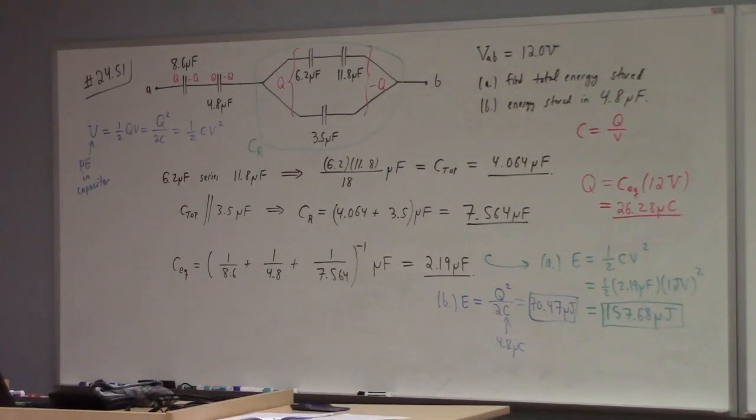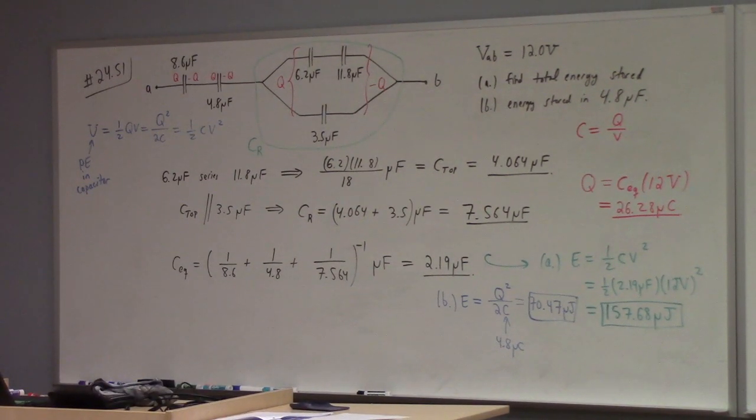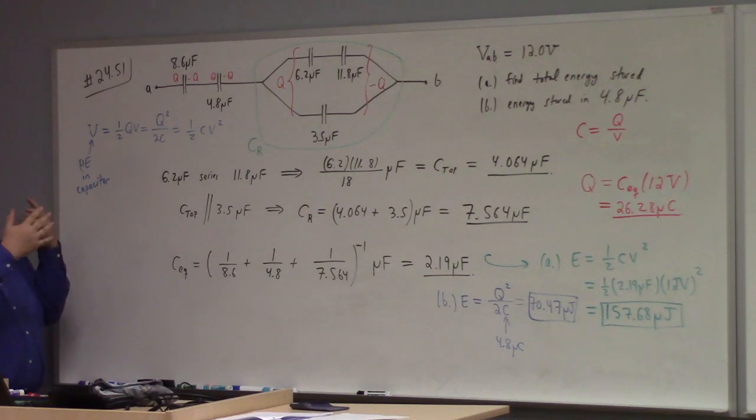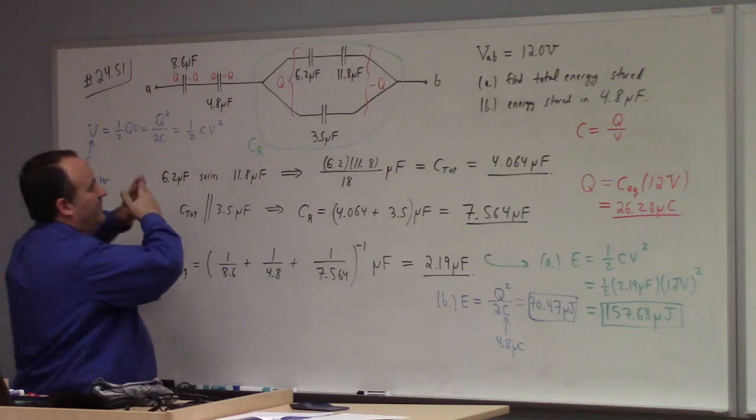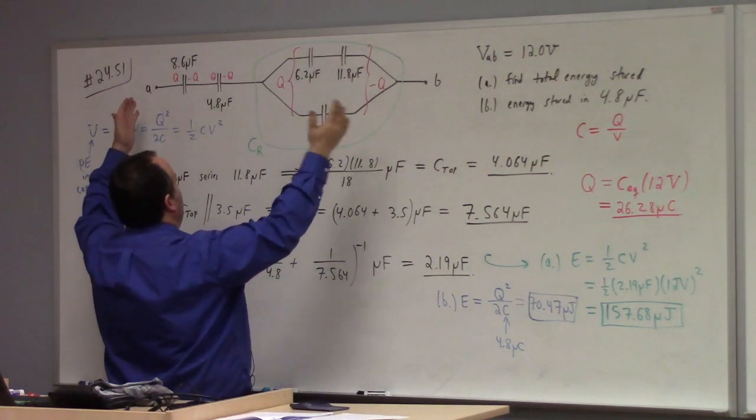So you said the charge for each system would equal what was it, 2.19? When capacitors are in series, they share the same charge. So effectively, the equivalent capacitance also has that same charge.